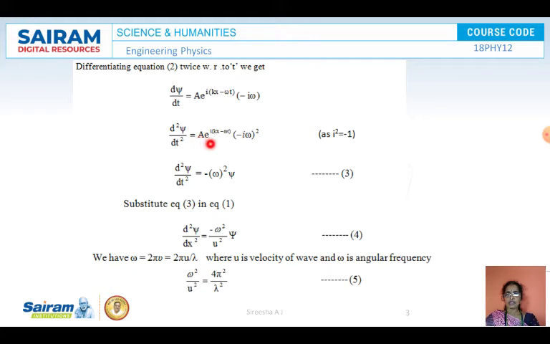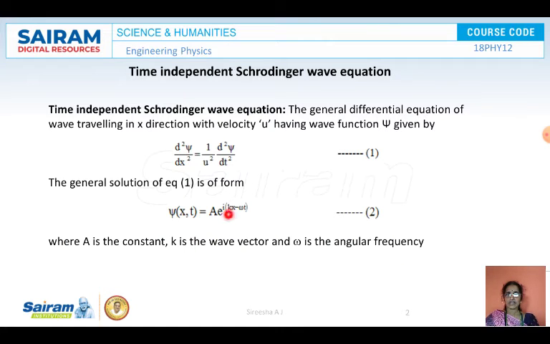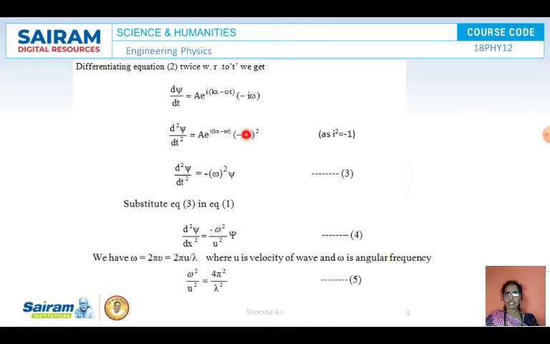Because A into e to the power of i(kx minus omega t) is nothing but psi from equation 2. Therefore, we get minus omega square psi, because i square is minus 1. Let this be equation 3.